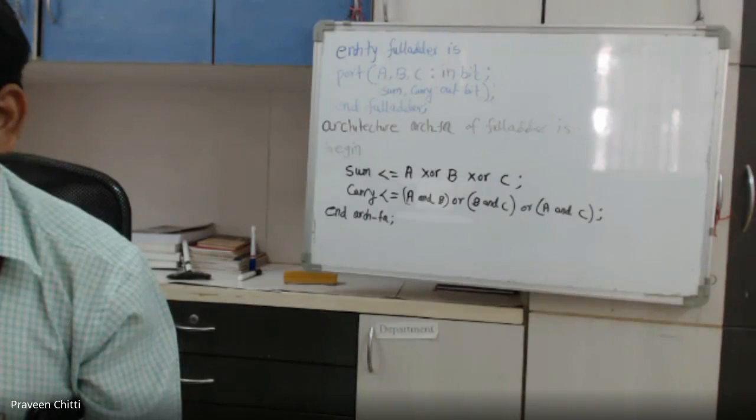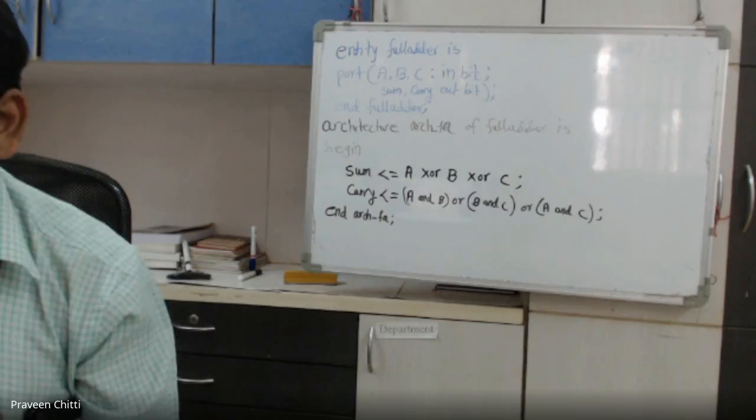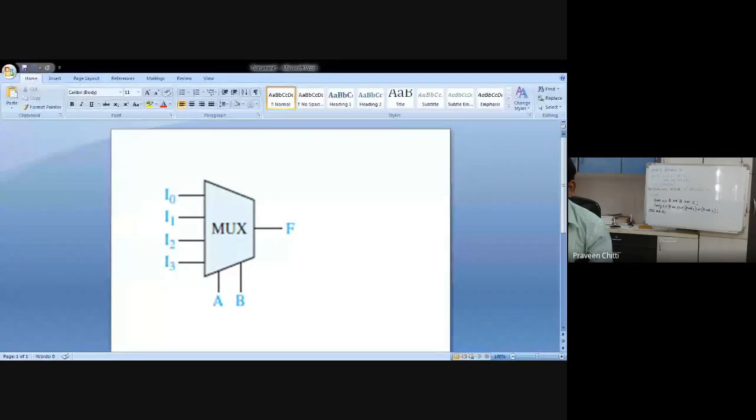So here is the block diagram of 4:1 mux. You can see it on the screen. I hope all of you are getting it on the screen. I have already given you the block diagram of 4:1 mux, and you want to write the VHDL program for this 4:1 mux. I want all of you to try it, and you should show your code to others also.